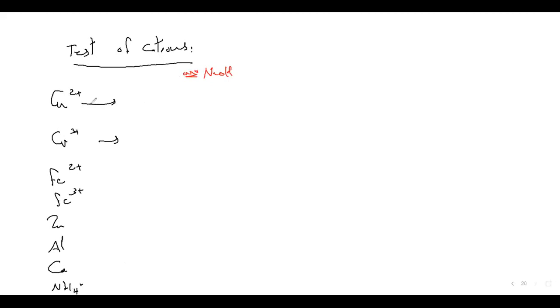you will find that in case of copper, it will produce blue precipitate, insoluble in excess. Chromium, green precipitate that is soluble in excess.